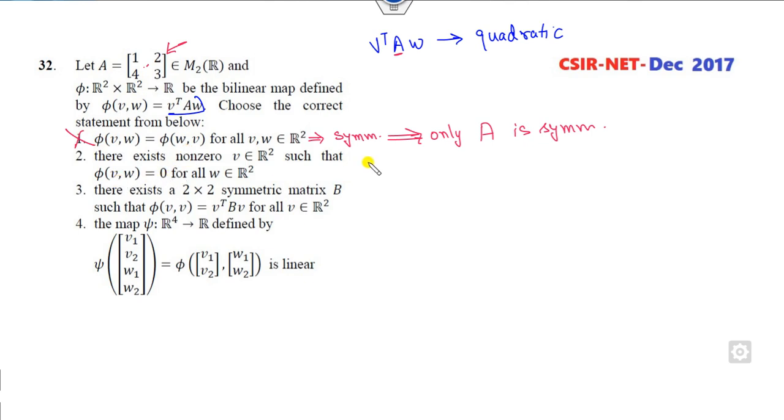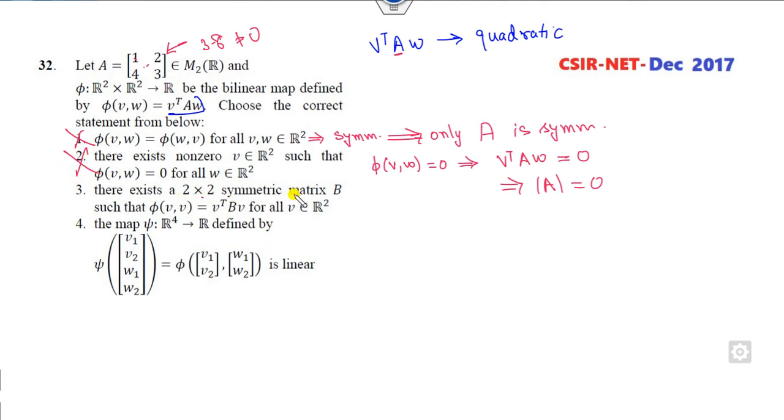Dot product, that is phi of v comma w is 0. What is the meaning of that? This is 0. Fine. It happens only when the determinant of A will be 0. Is it true? 3 minus 8, which is non-zero. This option is also cancelled.